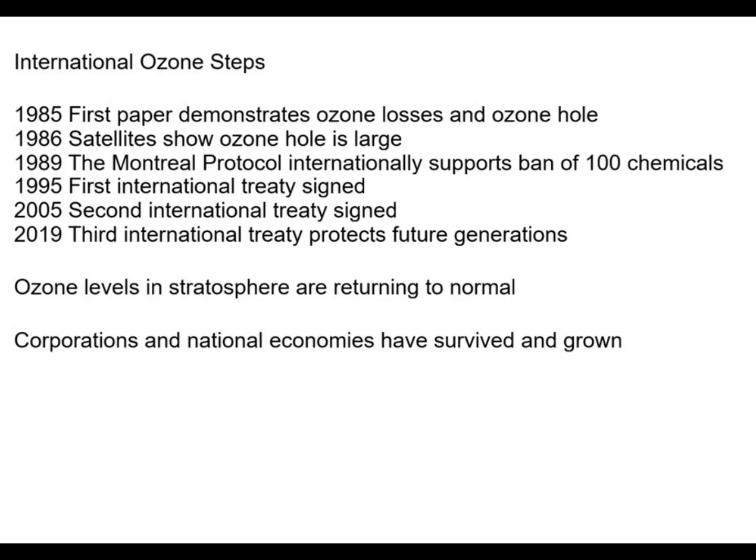And then in 1989, the Montreal Protocol internationally supported the ban of 100 chemicals to fix the ozone issue. In 1995, the first treaty was signed. In 2005, the second international treaty was signed. And in 2019, the third international treaty was signed that protected future generations.